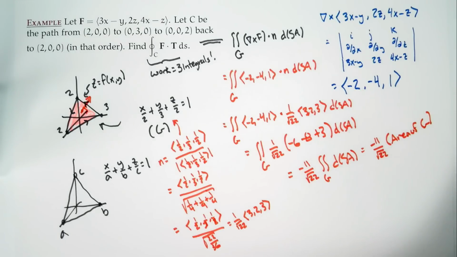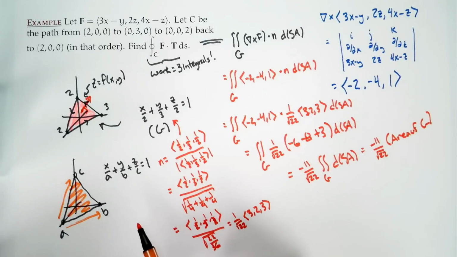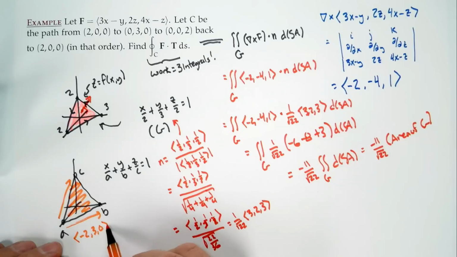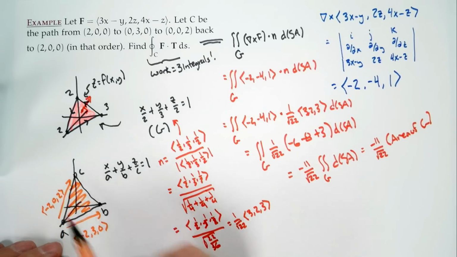Well, for that, we turn to our old problems and say, suppose I want to find the area of a triangle, the area of this triangle. One thing I can do is take this vector and that vector and cross them, and then take the magnitude and then divide by 2. So here, the vector would be -2, 3, 0. And here, it would be -2, 0, 2.